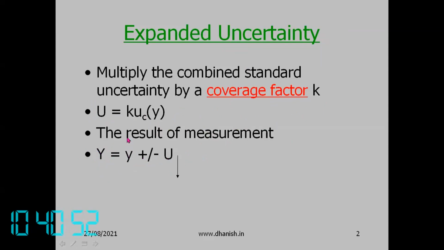Small y is the average of the measurements, and plus or minus capital U, the two limits define the coverage interval. So capital U is the expanded uncertainty.